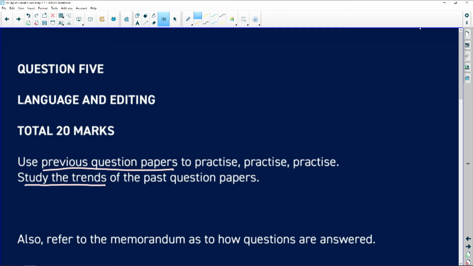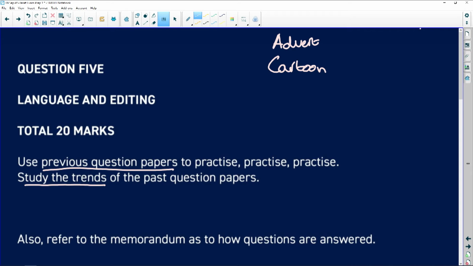And remember that language questions are also found in the advert section and in the cartoon. So there could be another 1, 2, 3, 4 questions, 4 marks, based just on language.